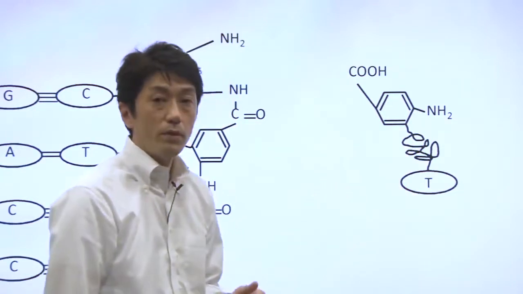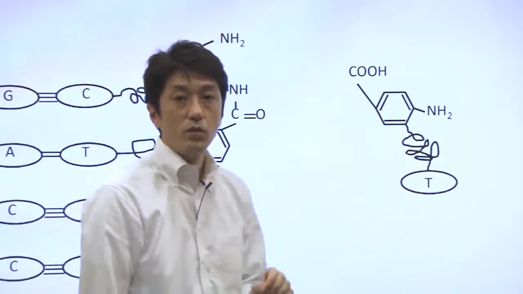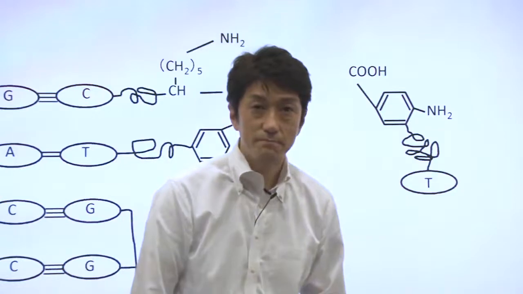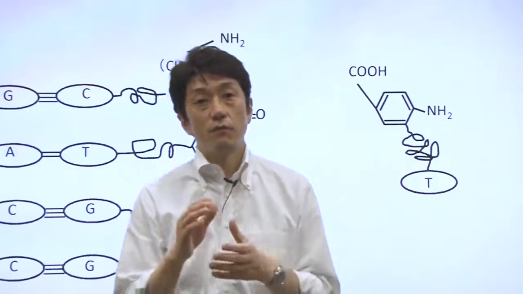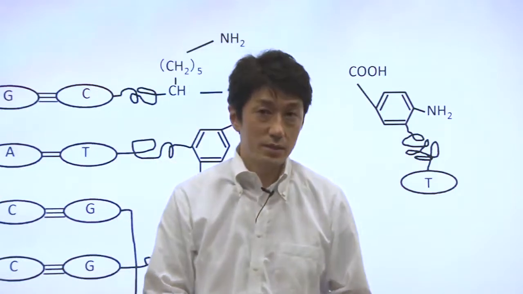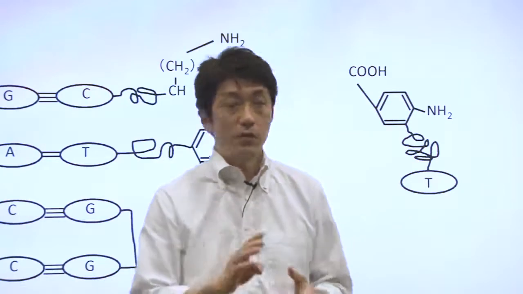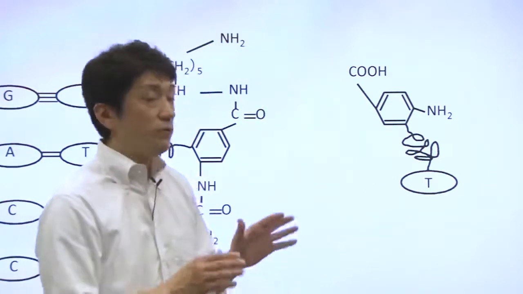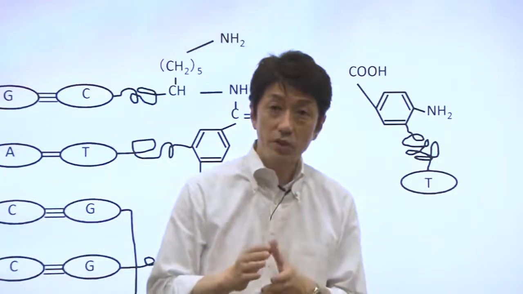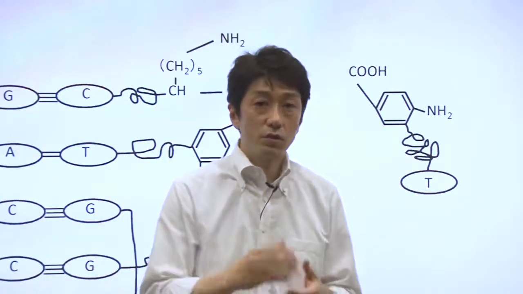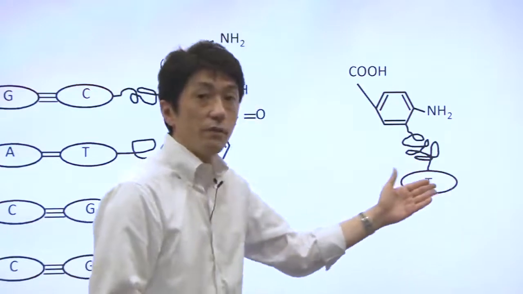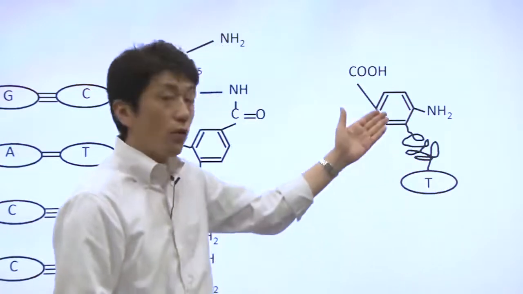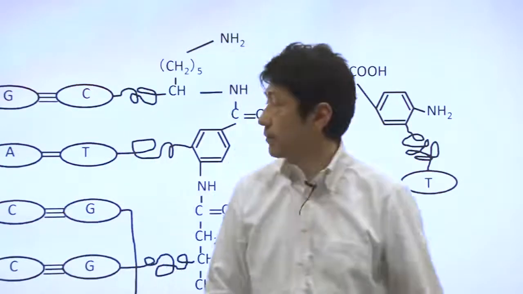You can couple a different amino acid with a different DNA base. Since there are 4 DNA bases, 4 different amino acid conjugates can be prepared. If you need variations more than 4, you can connect 3 bases to 1 amino acid.